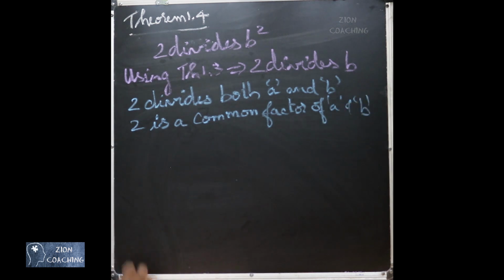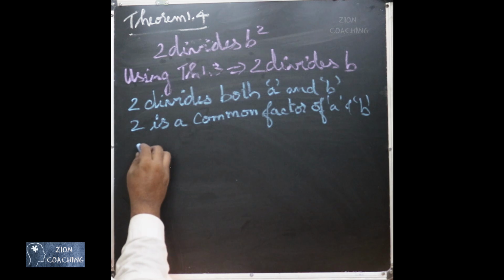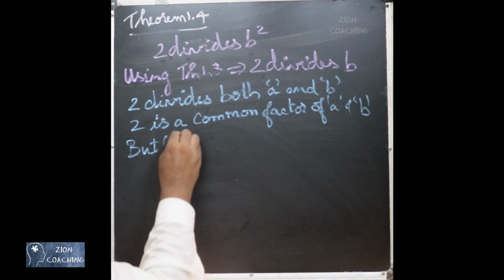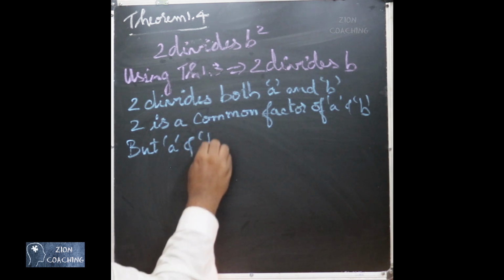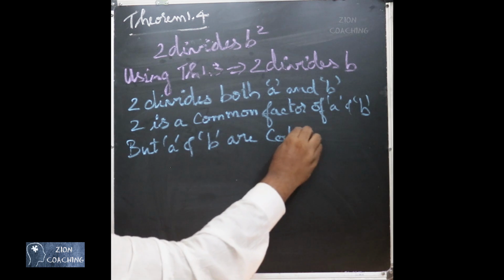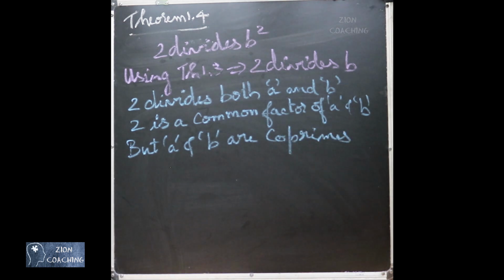But what did we say in the beginning? We have shown that a and b are co-primes. They don't have any common factor other than 1.